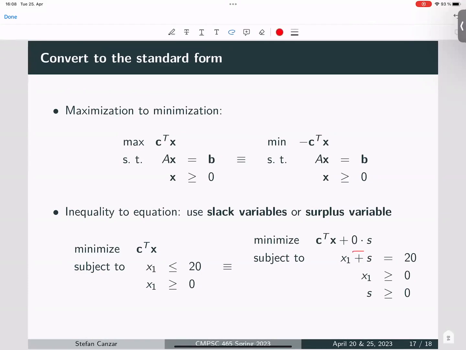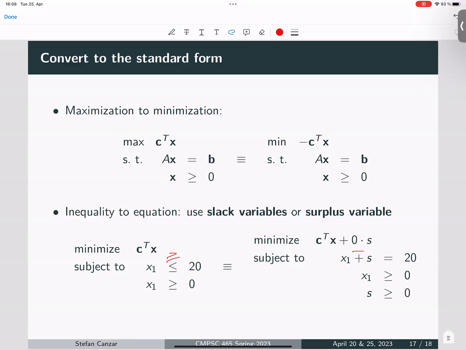So instead of plus, we will have a minus here, and we will simply subtract something non-negative. Same logic applies. So whenever we have something that is larger than 20, if x1 is 22, then x1 minus S, you could set S to 2 and you get exactly 20. And you get a solution again of the same score. So the values are again identical. And of course, this applies in both directions again.